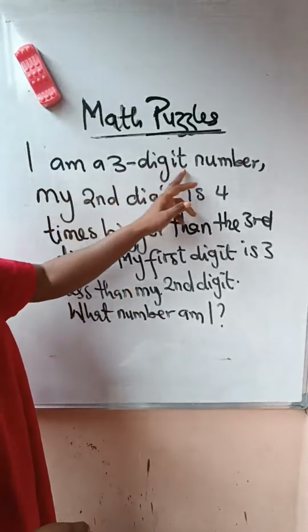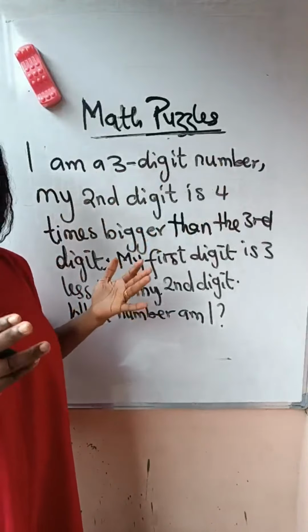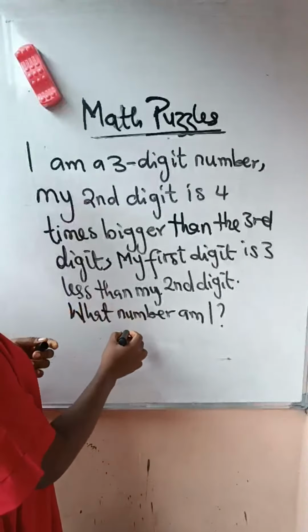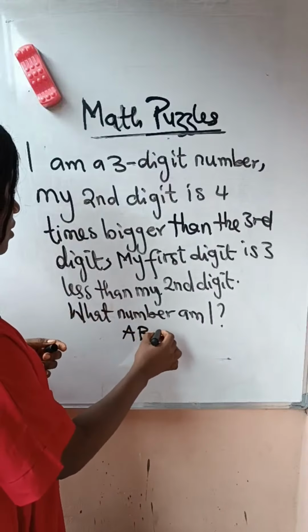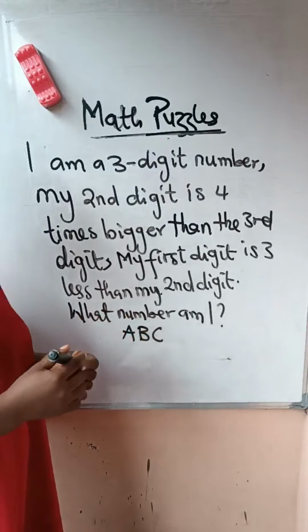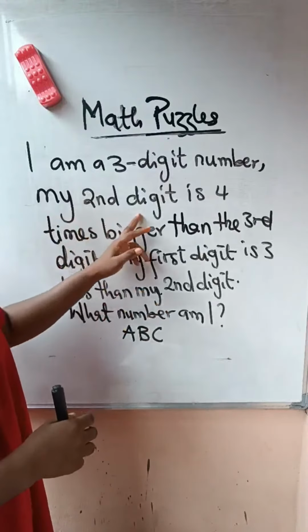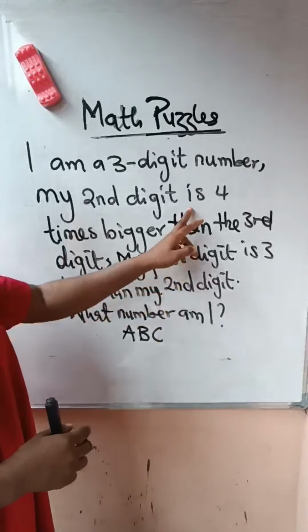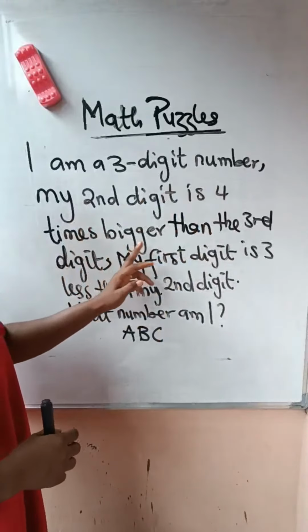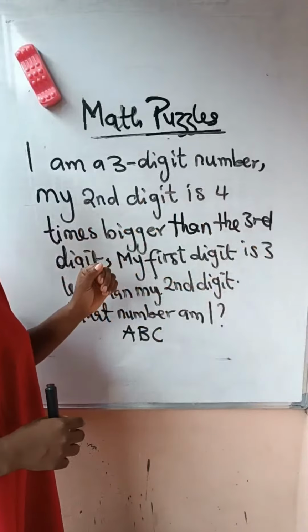Okay, this is how we go about it. I am a 3-digit number. Since we have a 3-digit number, call the digits A, B, C. My second digit, which is B, is 4 times bigger than the third one. What does that mean?